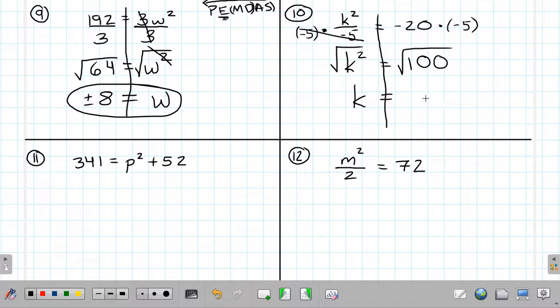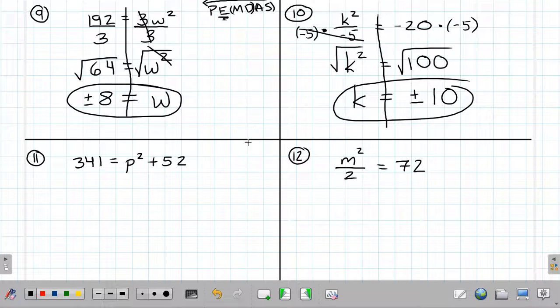What times itself equals 100? Well, that's 10, but also -10. Like I said, just be aware that all of these have two answers except if the answer is 0.